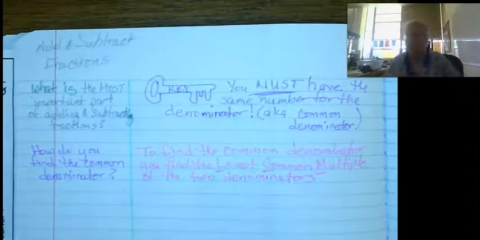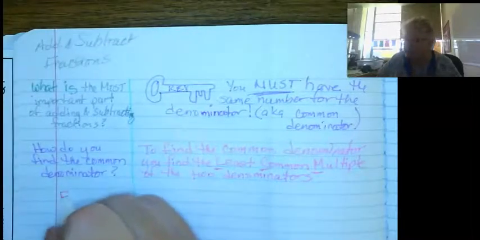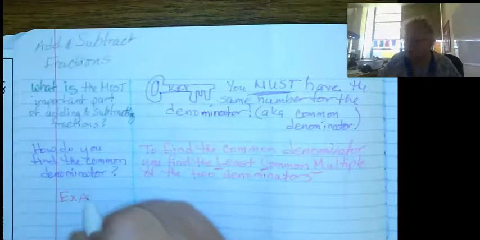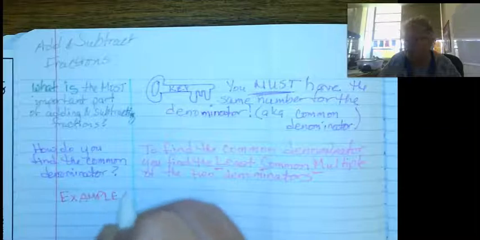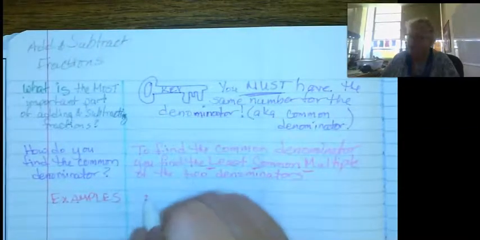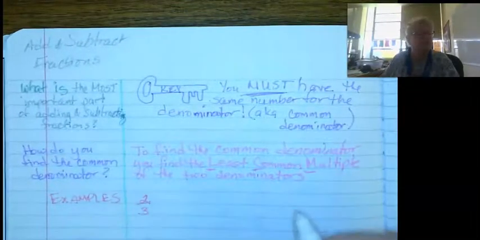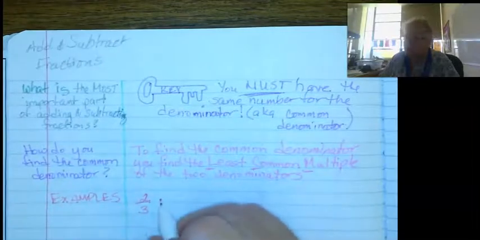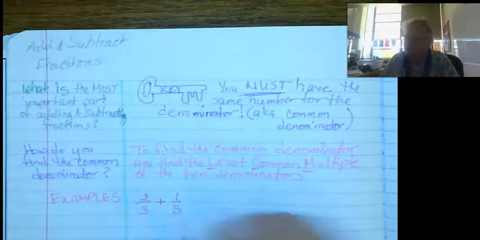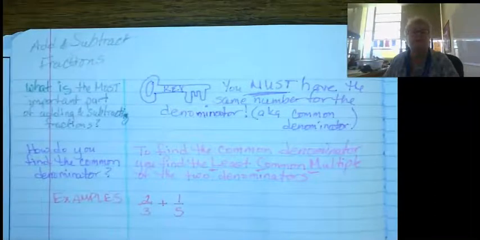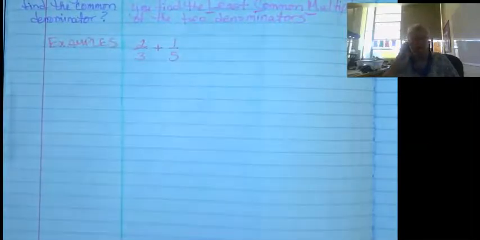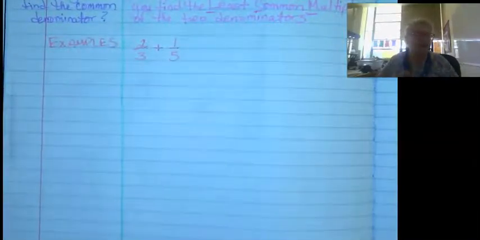All right, let's look at examples. If I've got 2/3, and I'm going to add to it 1/5, 2/3 plus 1/5.